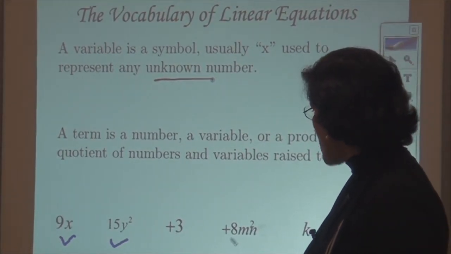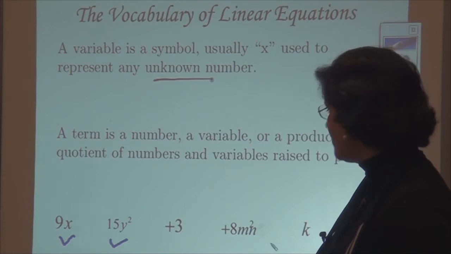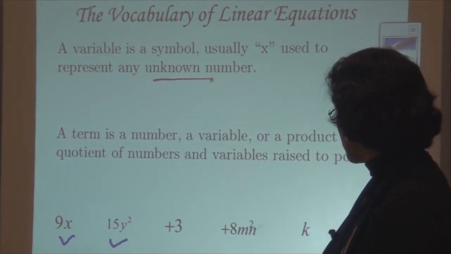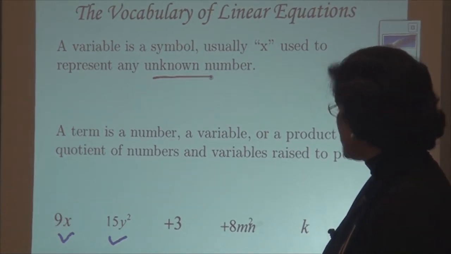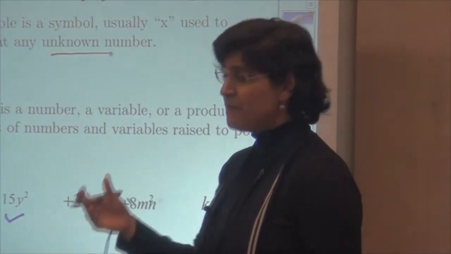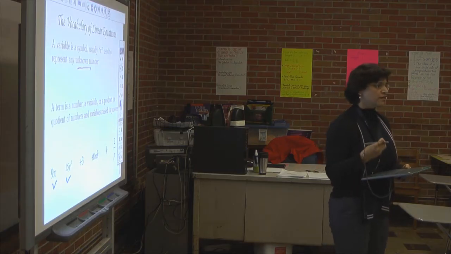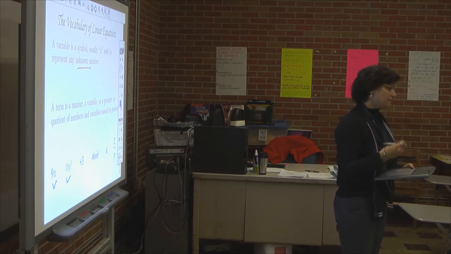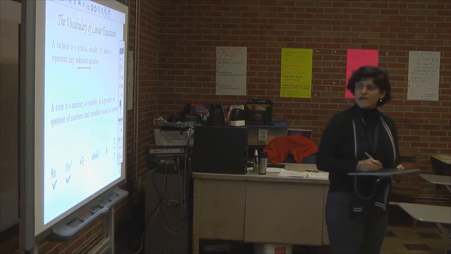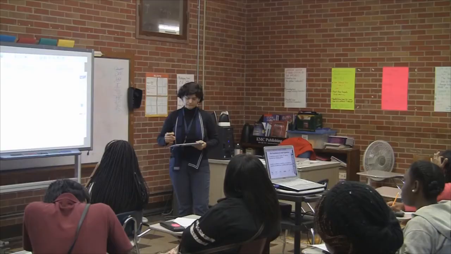Positive 3, positive 8, m squared n, k, and this is a quotient: we have 2 divided by p, and p is a variable. As I said, x doesn't have to be the variable. It could be any alphabet. So these are examples of some terms.